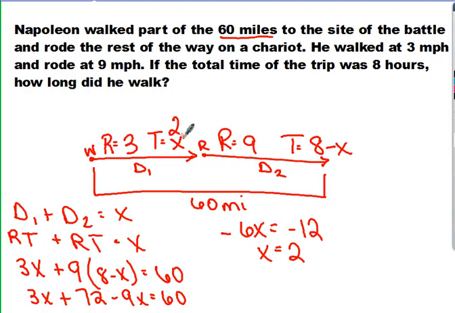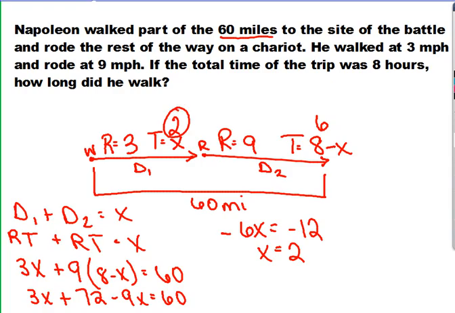And if he walked for 2 hours, then he rode for 6, because 8 minus 2 is 6. So we have found the times for both. Now the actual question that we are answering is how long did he walk? He walked for 2 hours. So 2 would be our final answer.